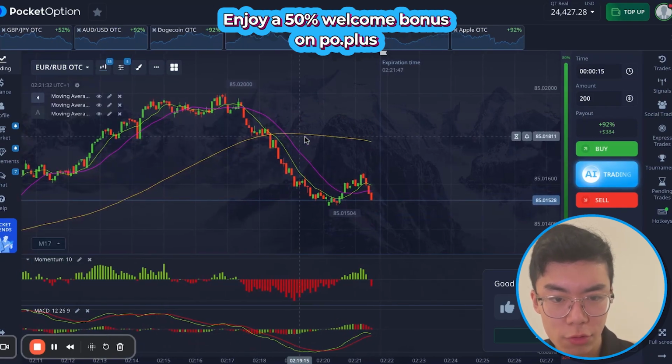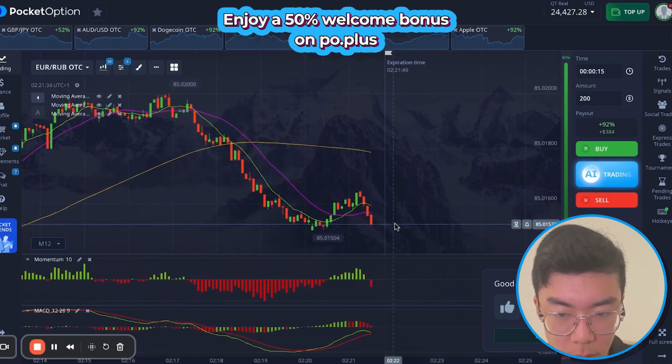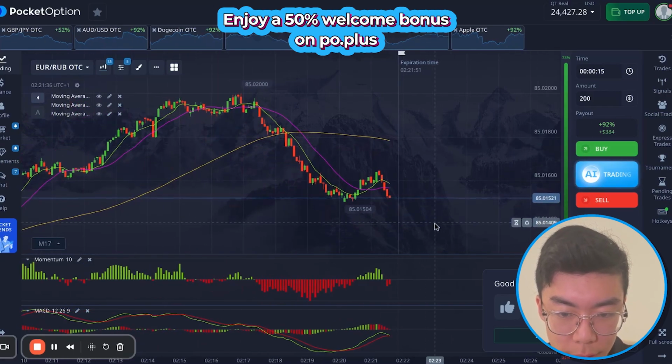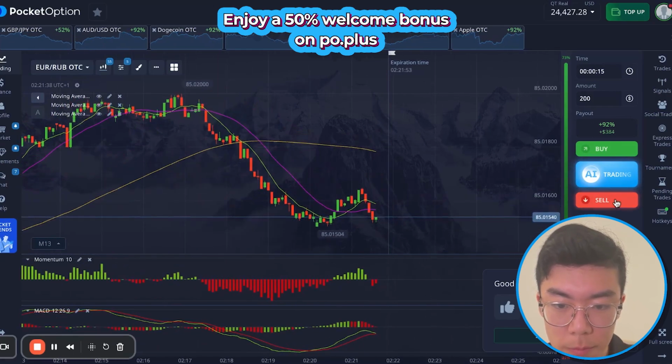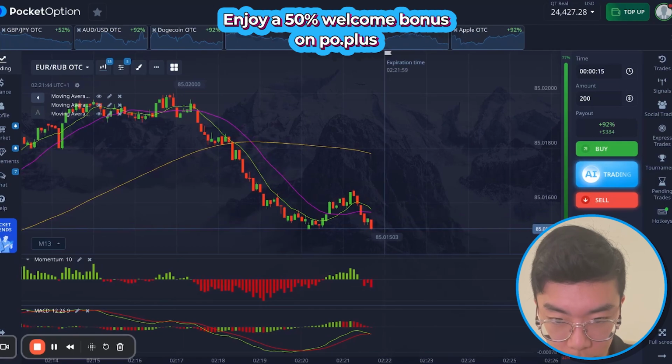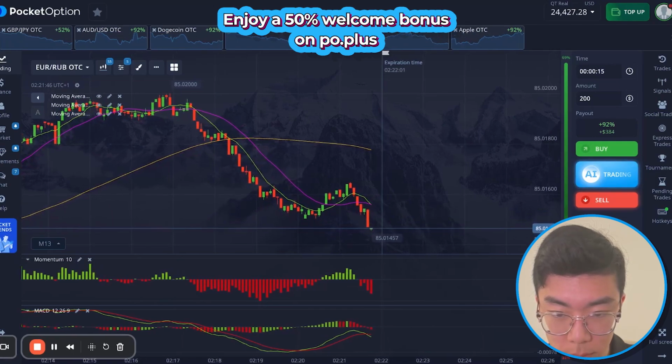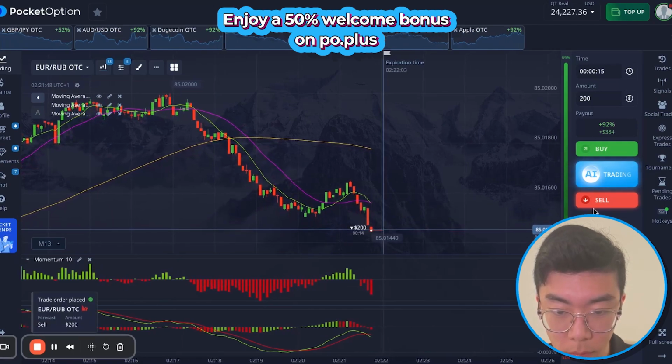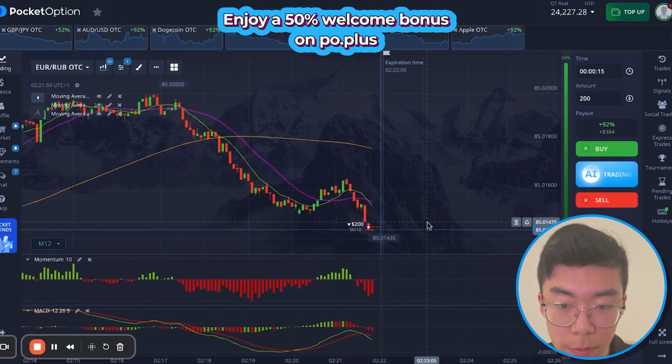And this one is kind of trending downwards a little bit now. So potentially some sort of sell. To sell there, 15 seconds.